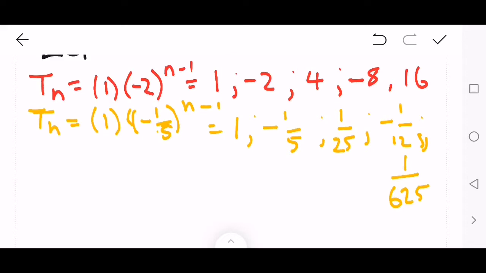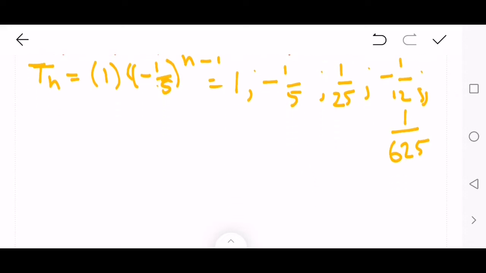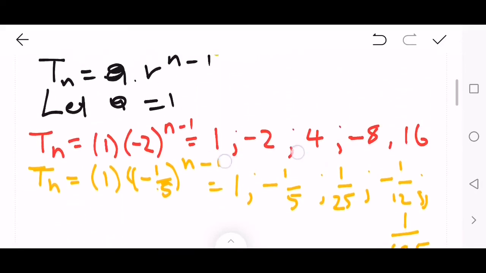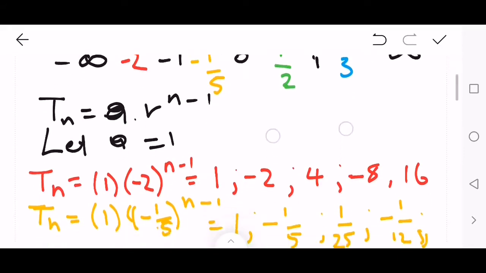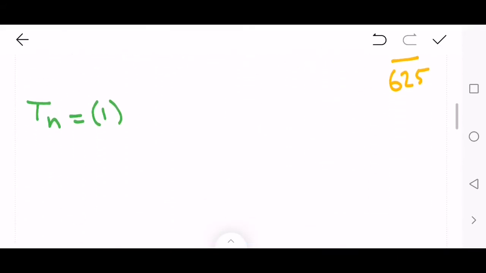Now let us consider the third constant ratio. So we have Tn equals 1. Our third constant ratio is 1 over 2, to the power n minus 1.